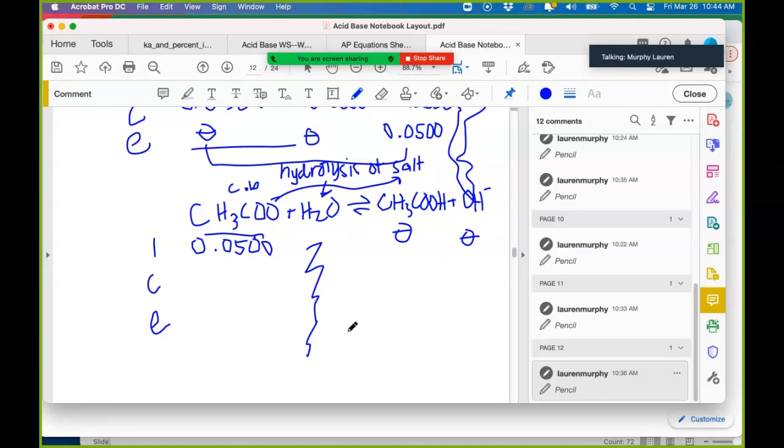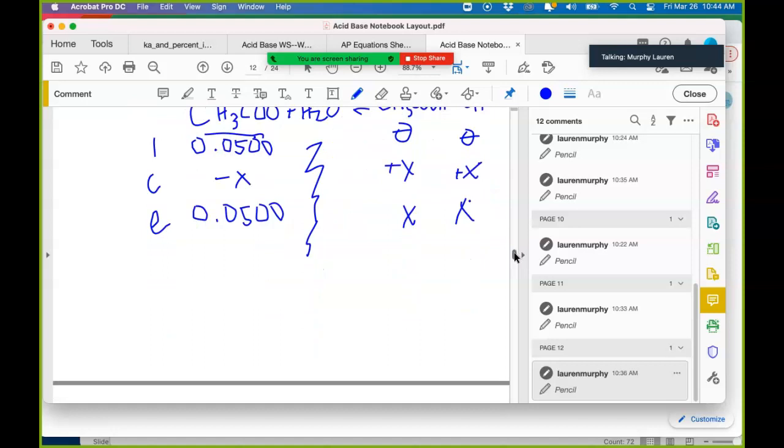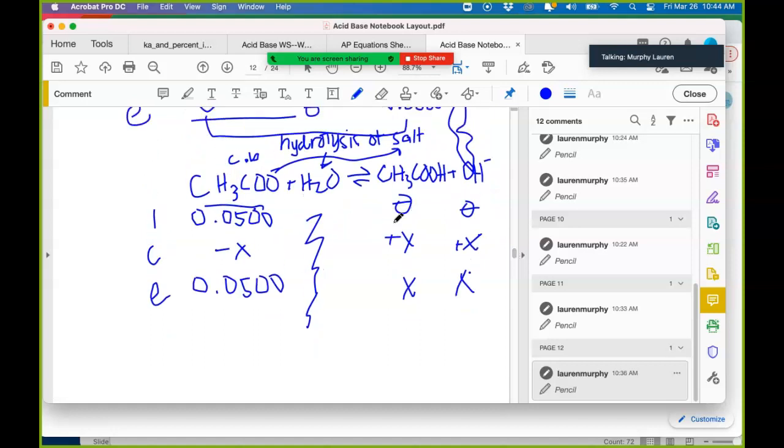So we have to let X equal something because I don't have any other information right now. So let's let it be hydroxide. And then again, everything is a 1-to-1 ratio. And right, if this is an equilibrium equation, we're going to set up an equilibrium expression, products over reactants.